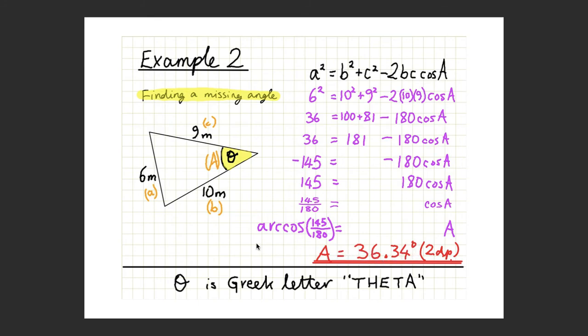So A, or theta, I should have called it, is 36.34 degrees. So do pause the screen, take notes from this, and check that you understand every stage of the calculation there.